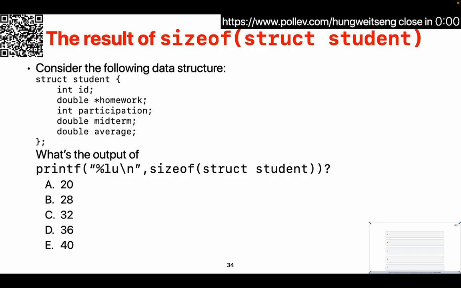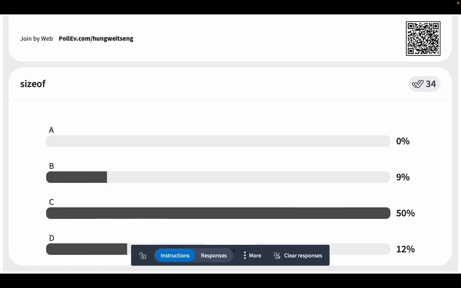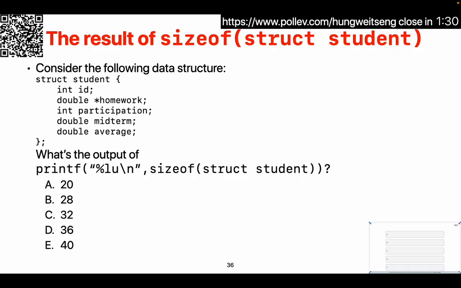All right, let's take a look. Most of you think the answer is C. So why don't you talk to each other regarding why you think it's C?